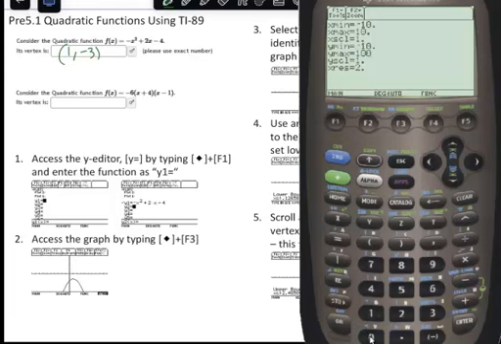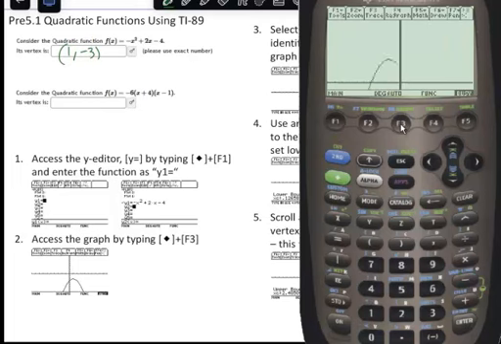I tend to change it in powers of 10. It just makes it easier. It's not going to give you the greatest scale all the time. But instead of the 10, I put 100. If it still didn't view in there, then I'd put 1,000, then 10,000. So I adjust my scale by powers of 10. So here I can see where my max is.